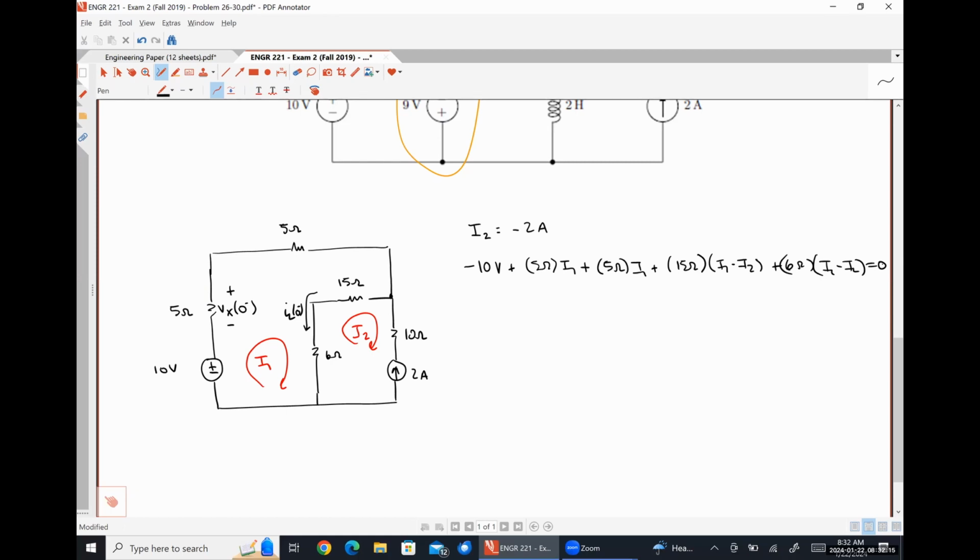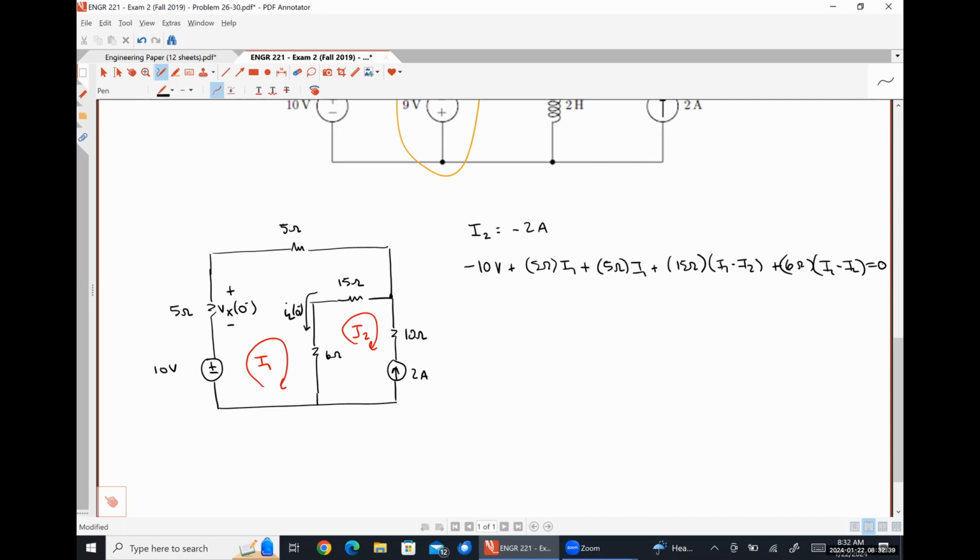Two equation, two unknown systems. The coefficient for I1 in my first equation is 0. The coefficient for I2 in my first equation is positive 1, and my constant term is negative 2. In my second equation, my coefficient for I1 is 5 plus 5 plus 15 plus 6, so that is 31.